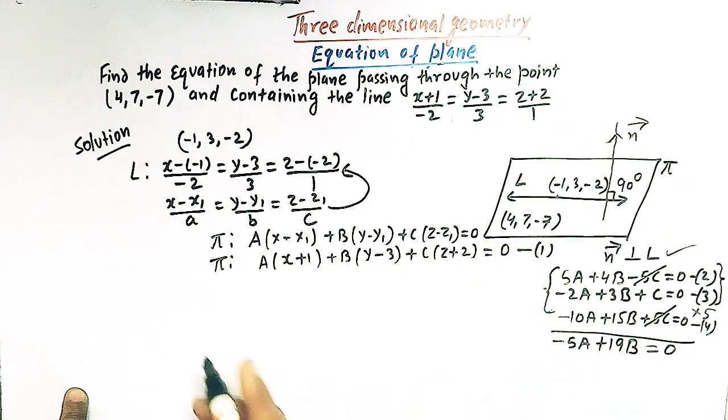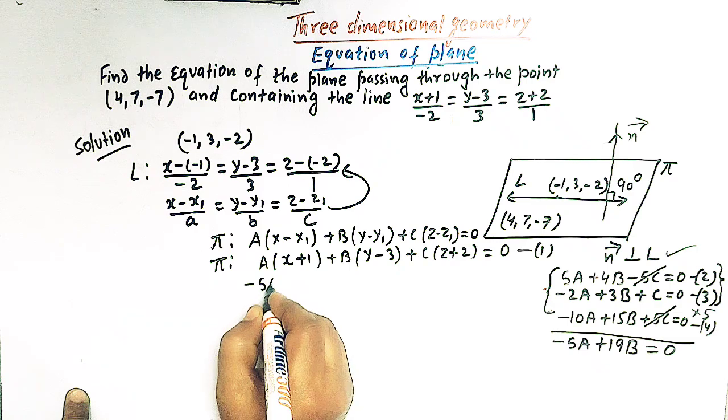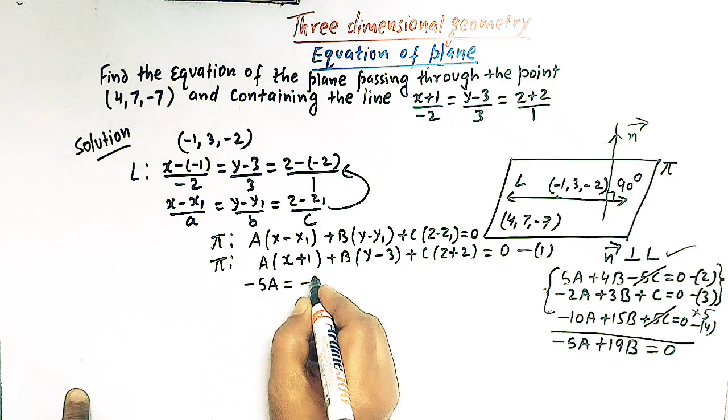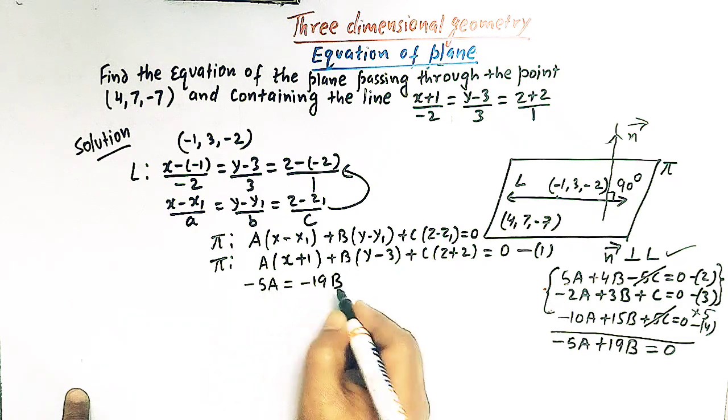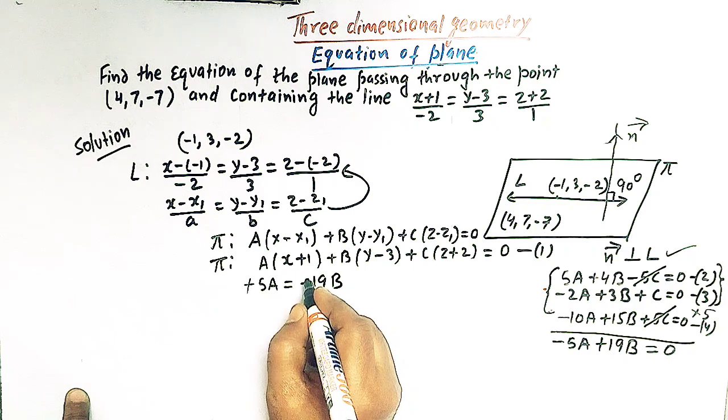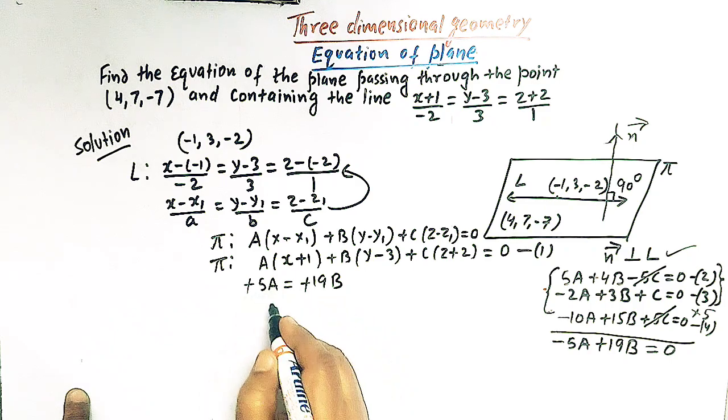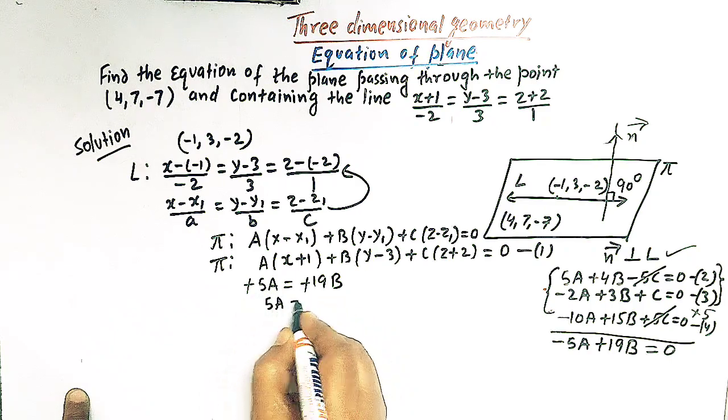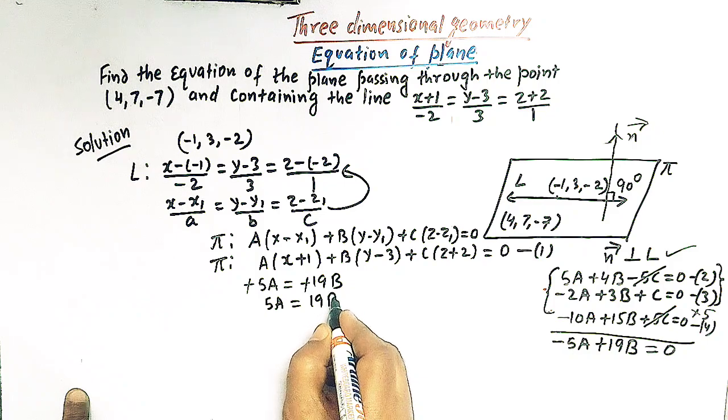So now we can write minus 5a is equal to minus 19b. Now negative and negative get cancelled, and we have 5a is equal to 19b.